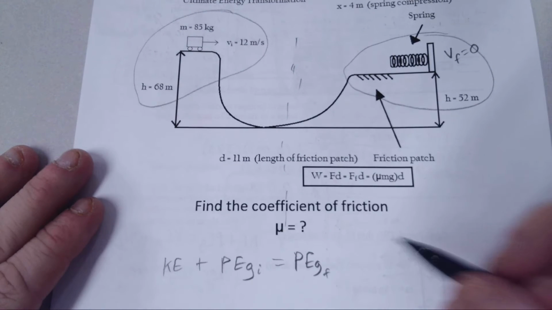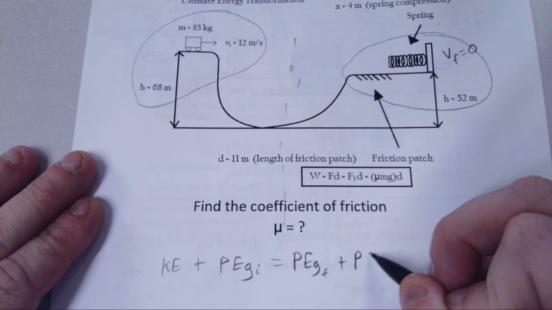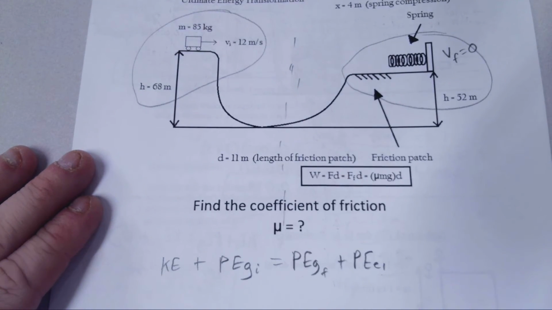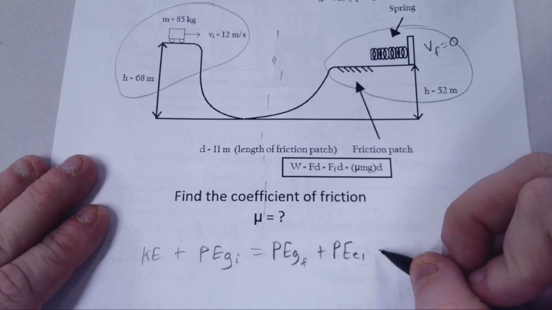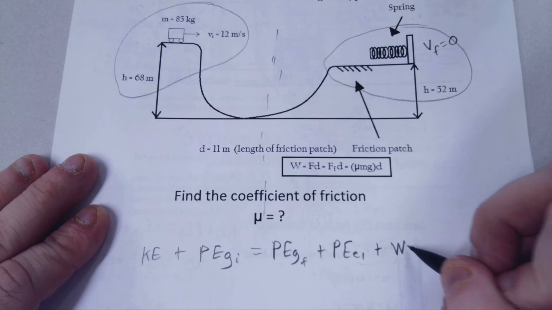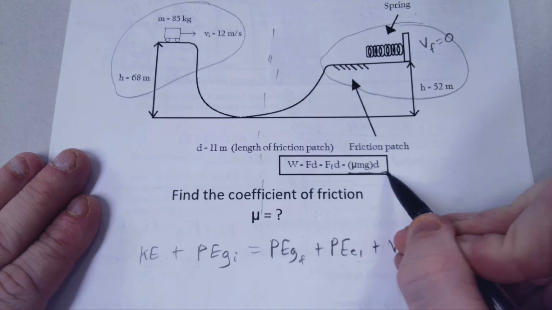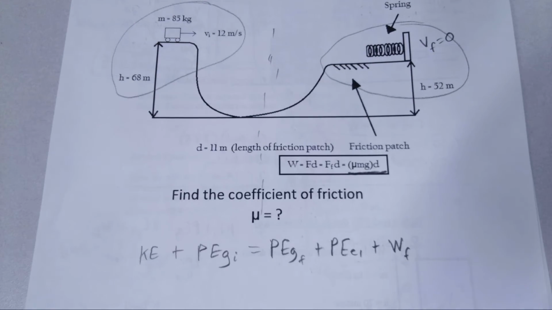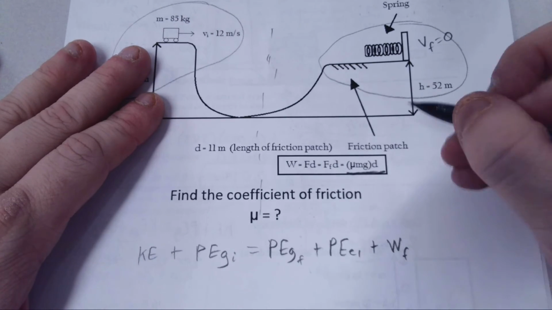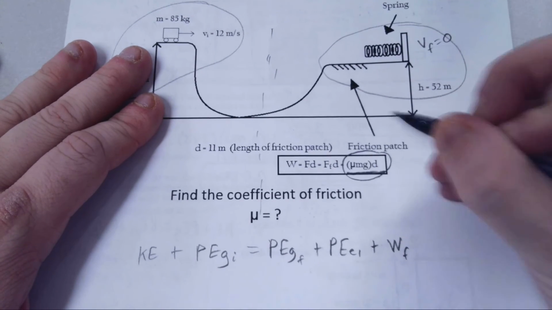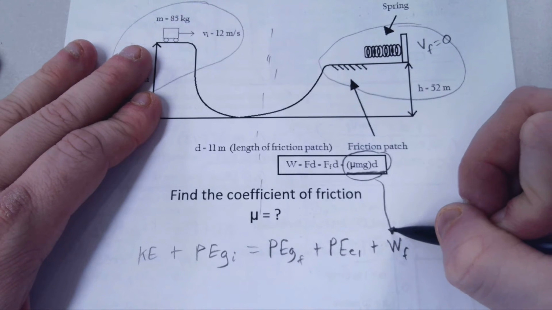There is a spring present. And we do have some work due to friction. Now, we introduced this mu mgd on another worksheet. If we ever did have this, I would give you that equation, but basically this right here goes into that.